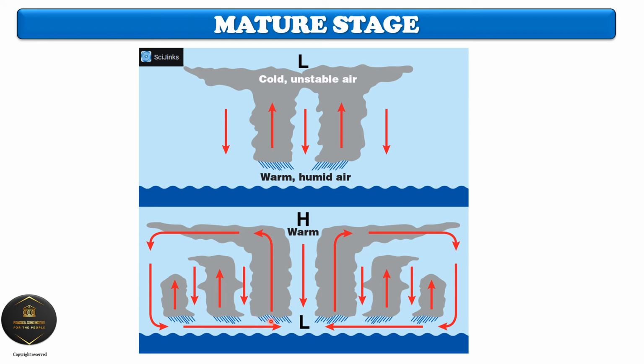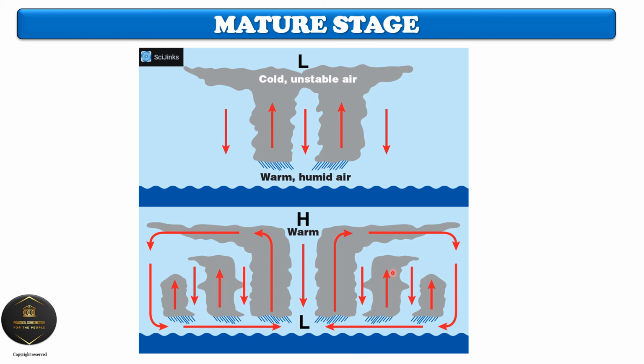And after it has converged, it rises. And as it rises, it's going to cool down. And as it cools down, it condenses and forms the clouds that you see over here, right? And now divergence will happen in the upper atmosphere, as we said, and of course, as this air diverges, it will condense and form clouds, and the coolest air, which will be more dense, will sink, as you can see on the sides of the diagram.